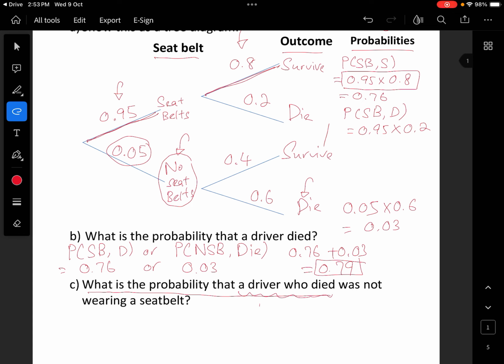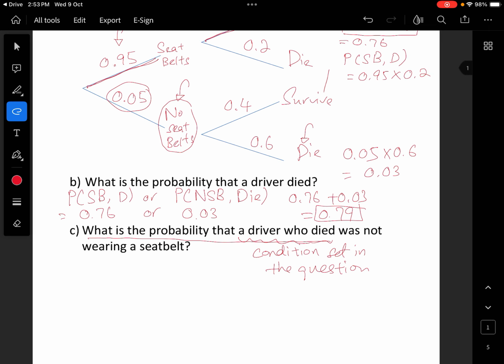This was literally a condition that has been set to you in the question. So instead of looking at all the drivers, we are only looking at drivers who died. This comes back to what we know about conditional probability.